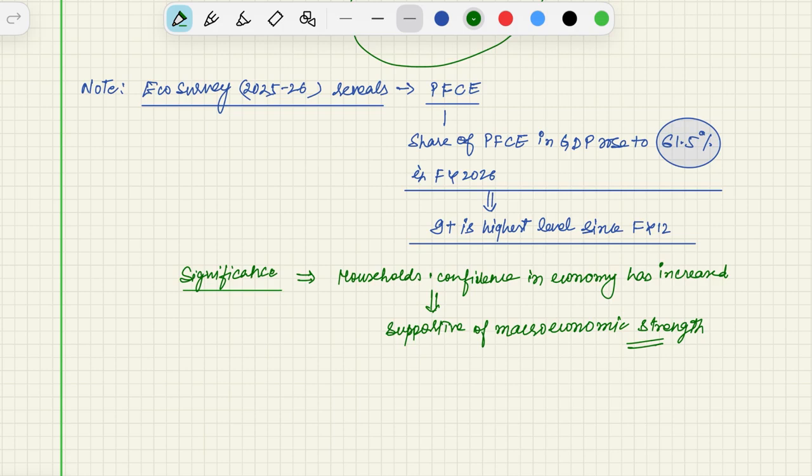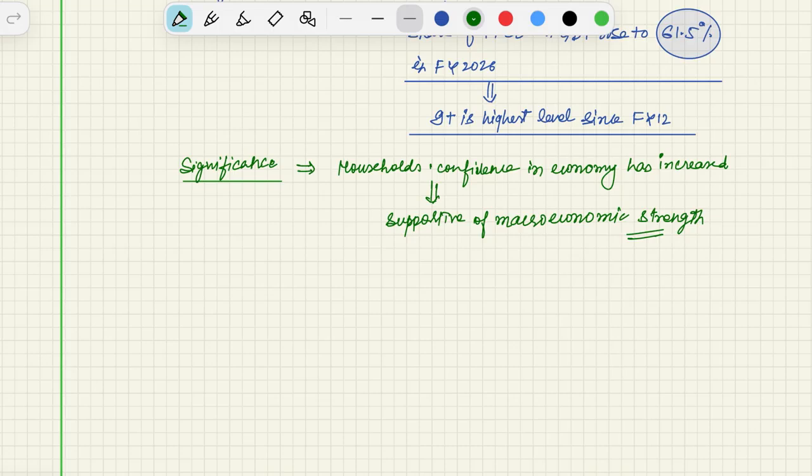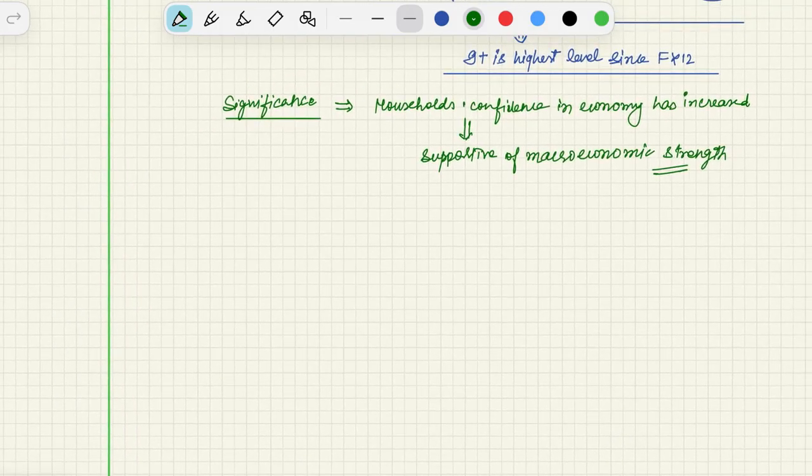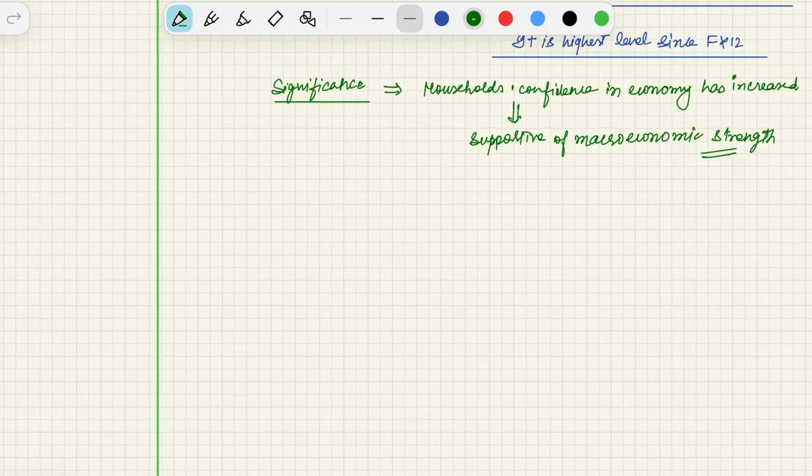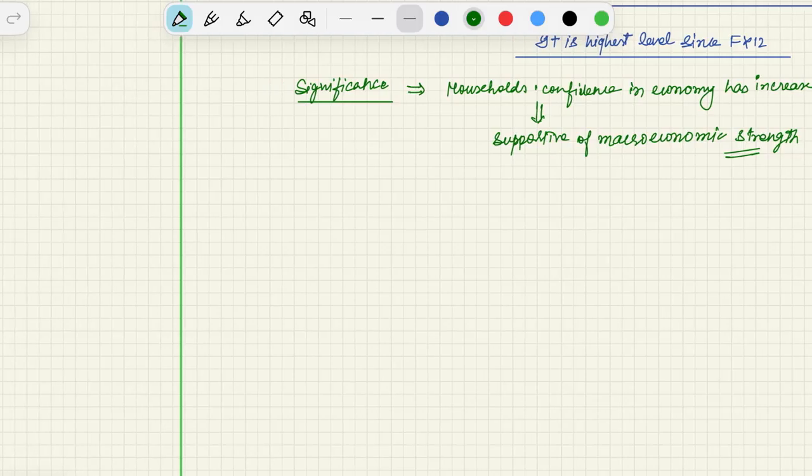All right. Here there is one reasoning: why are there three methods to calculate national income, why not only one method?